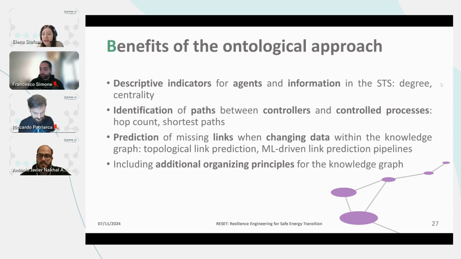But this ontology could also permit predicting any kind of missing links when we deal with changing data, new data within a knowledge graph. And in addition, we could also include additional organizing principles for the knowledge graph.